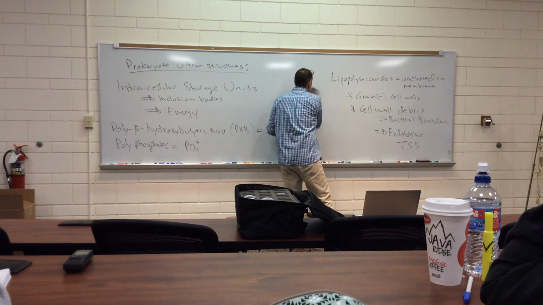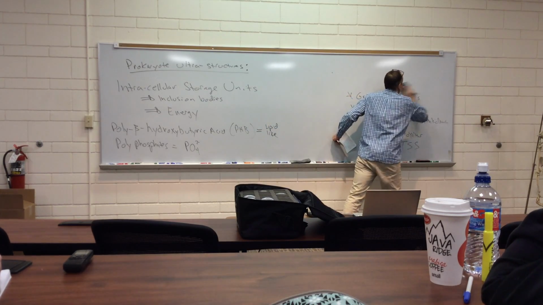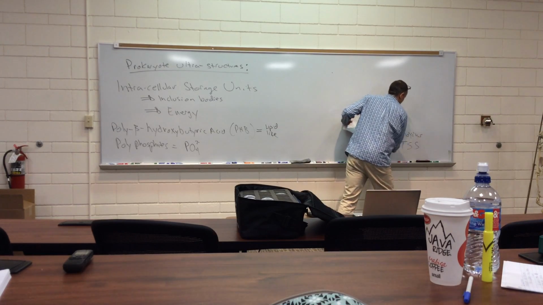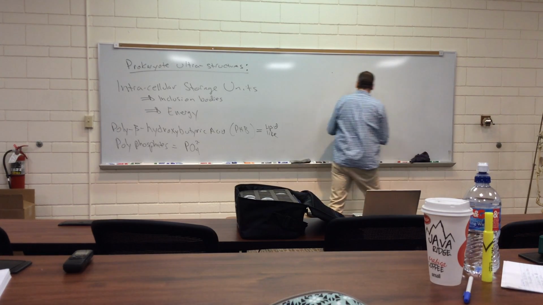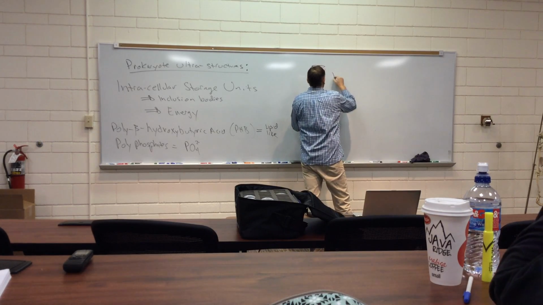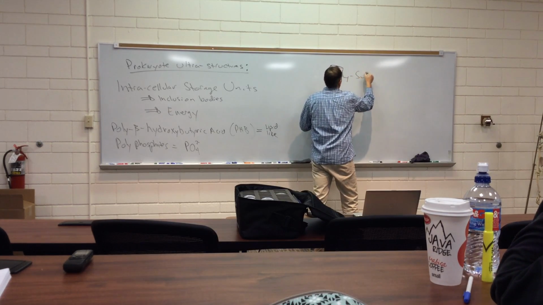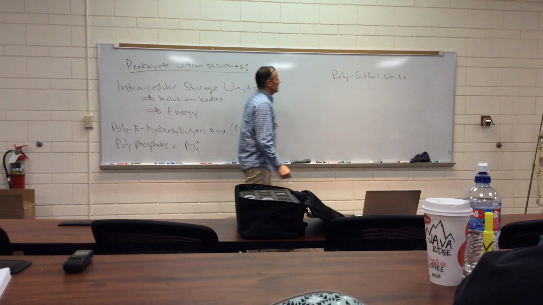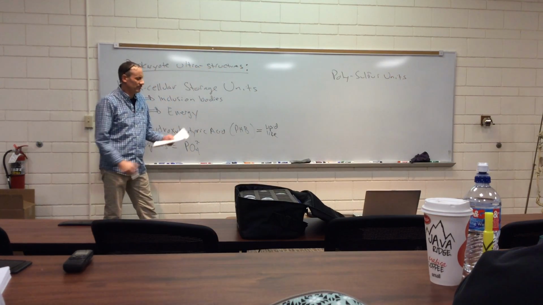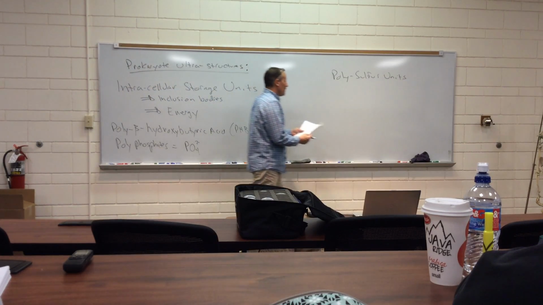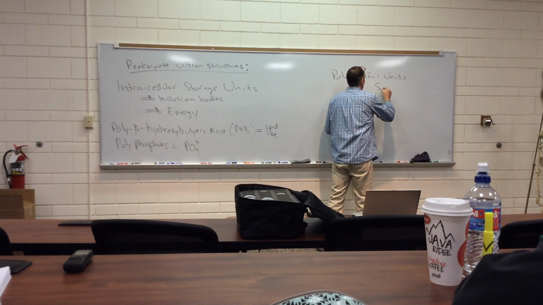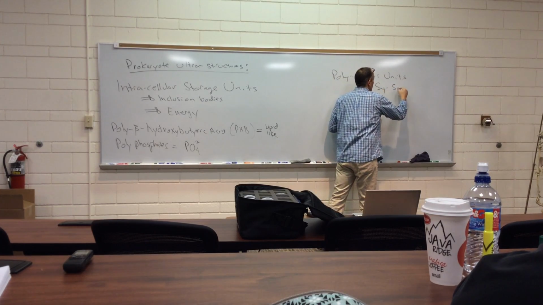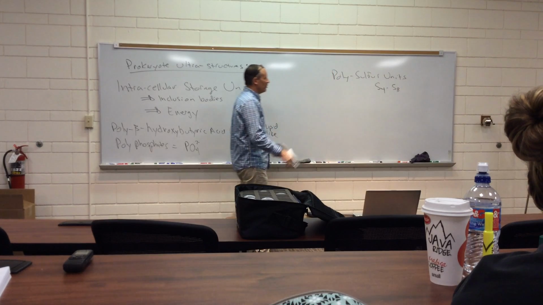And then likewise, we have other sorts of elements that end up creating multi-branched types of compounds. And sulfur is an example of this, and it creates what we call polysulfur units. This is where we see anywhere from 4 sulfurs to 8 sulfurs interacting to kind of form a sulfur ring.